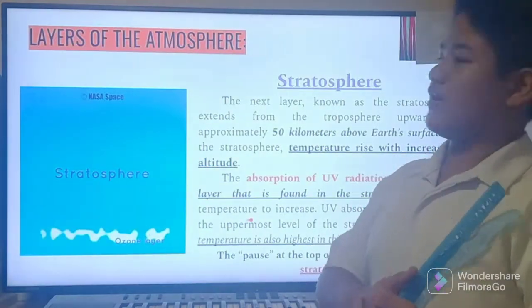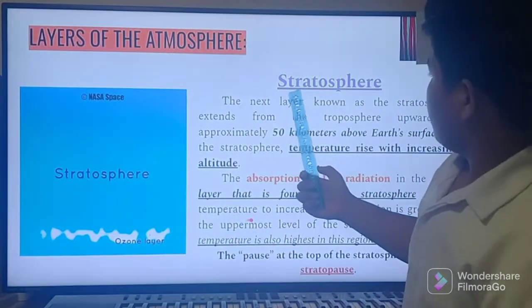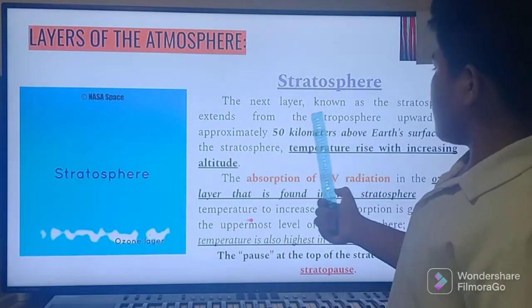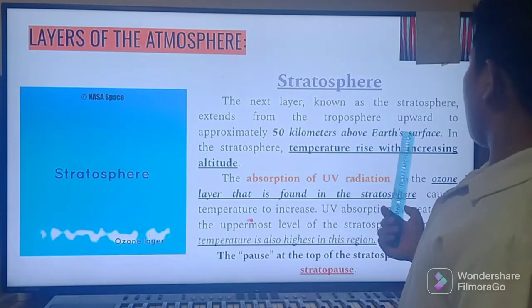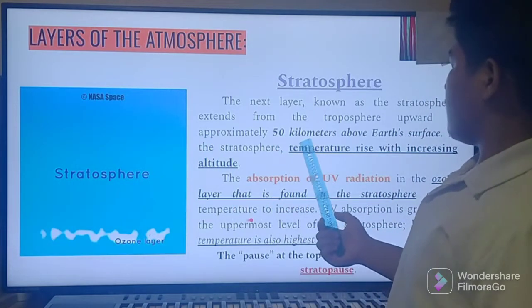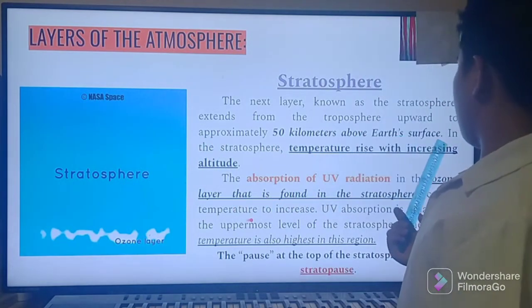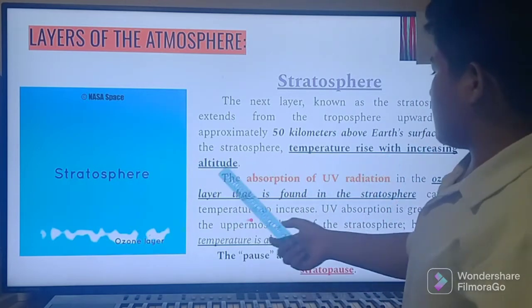Layers of the atmosphere. Stratosphere, ozone layer. The next layer, known as the stratosphere, extends from the troposphere upward to approximately 50 kilometers above Earth's surface. In the stratosphere, temperature rises with increasing altitude.